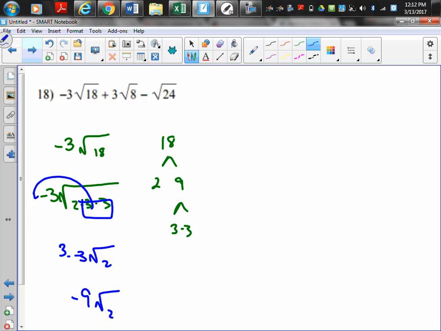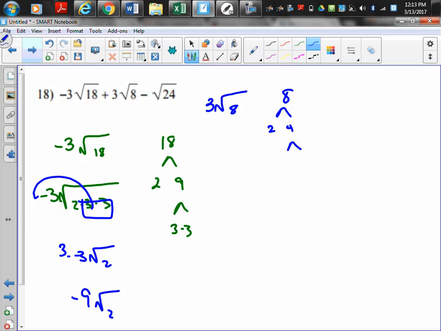Alright, let's look at the next one. I have a 3 square root of 8. So 8 is what? 2 times 4, and 4 is 2 times 2.